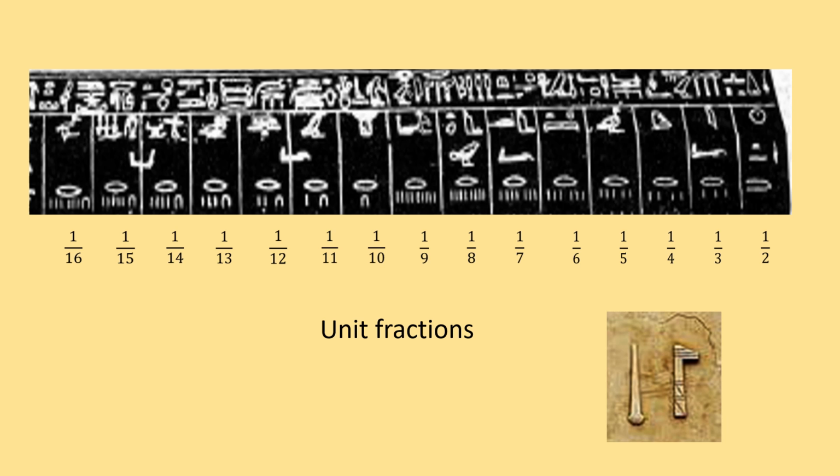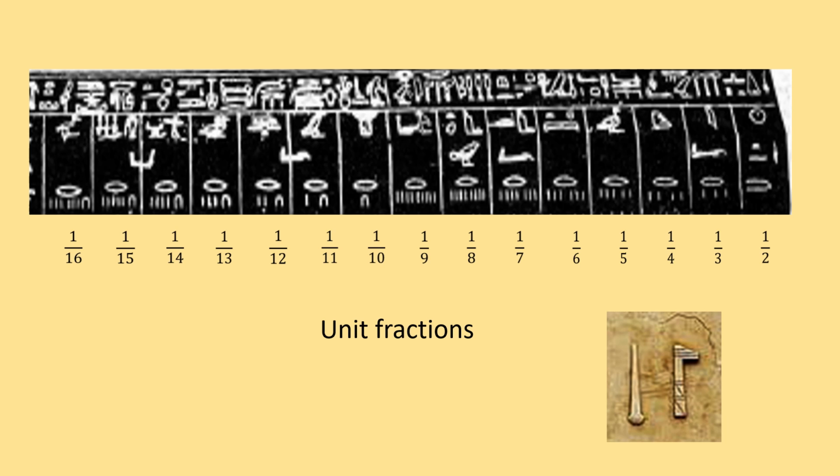The mouth above the numerical symbol indicates a numerator of 1. The first symbol on the right is unique. It is considered to represent 1/2. Next to that, we see a mouth over 3 strokes, which is 1/3. Then the mouth over 4 strokes, 1/4. The mouth over 5 strokes, 1/5, and so on, 1/6, all the way through 1/16.